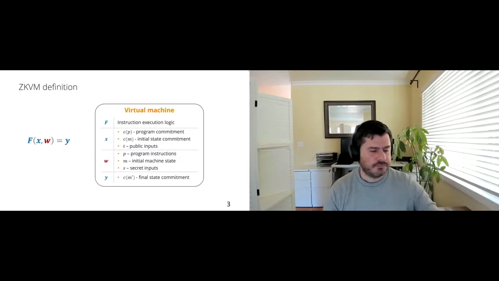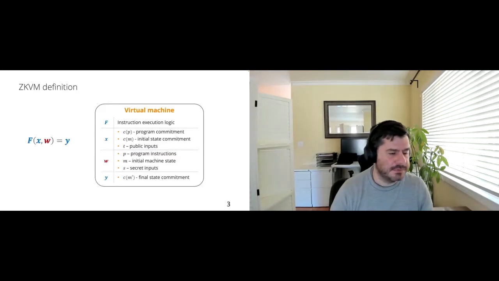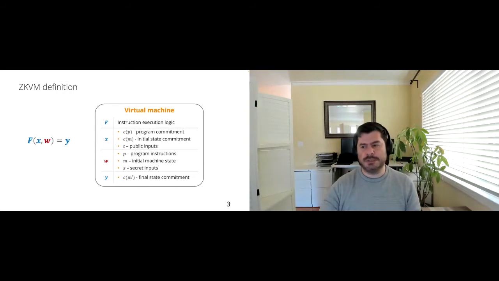So the way to think about a zero-knowledge virtual machine, and this is by no means the only way to do it, I'm sure there are other ways to describe it, but the way at least I think about this: if we think about this function that I showed at the very beginning of the last session, where we have a function, we have public inputs, we have a witness, and we have the output.